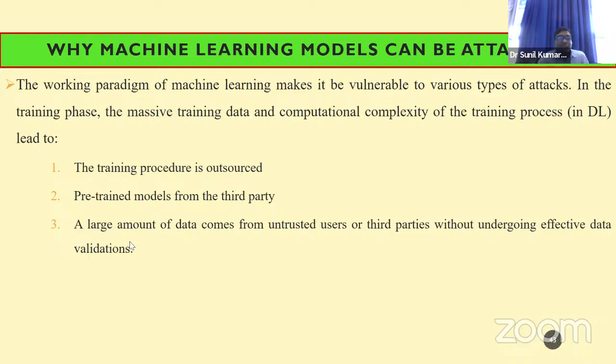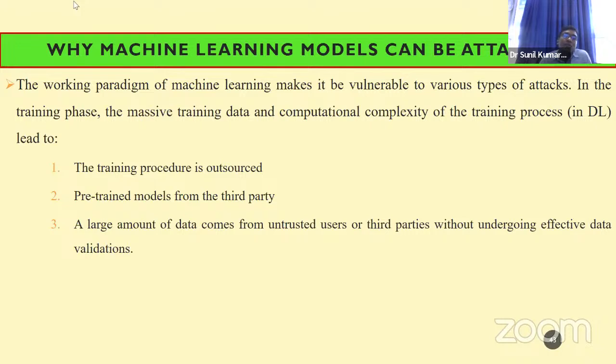If we have 50,000 records, we are not able to verify each and every record. 100 records, 200 records, you can verify. So untrusted users are third parties without undergoing effective data validations. So there is a chance of whether it is pure data or not. So these are the factors which lead to why a machine learning model can be attacked.